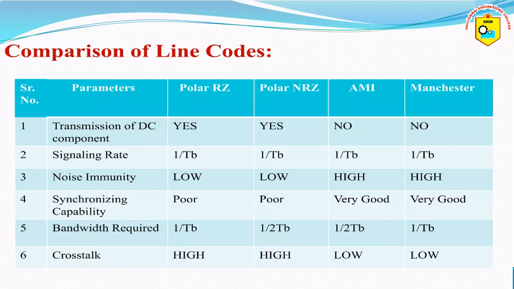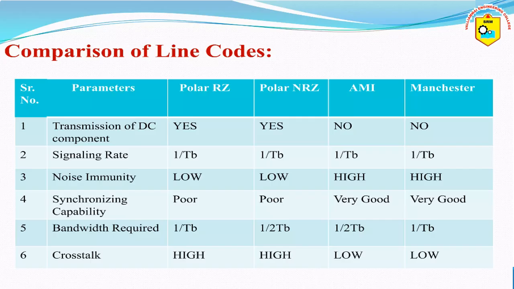And as you can see, the noise immunity is high in AMI and Manchester type, whereas it is low in polar NRZ and polar RZ type. Since the noise immunity is high in AMI and Manchester, the crosstalk is low in AMI and Manchester, and it is high in polar NRZ and RZ variations.